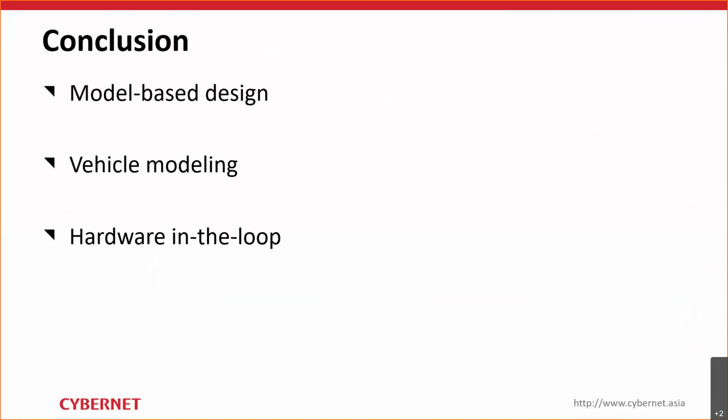With CarSim, we can have a lot of testing procedures. When you want to test with a real controller, you can use hardware in the loop to test it. All of these testing methods can rapidly decrease the cost and the time you need to develop your product.